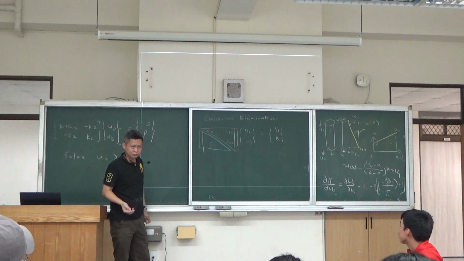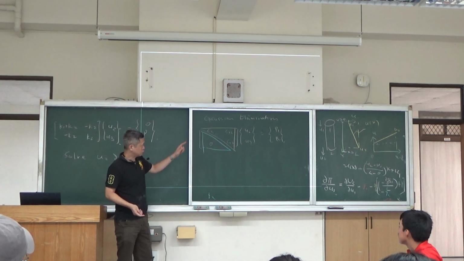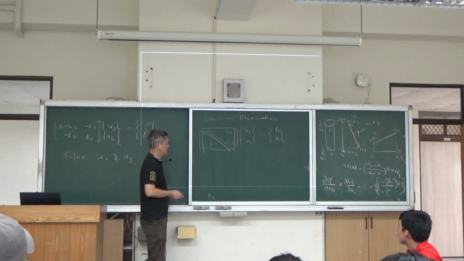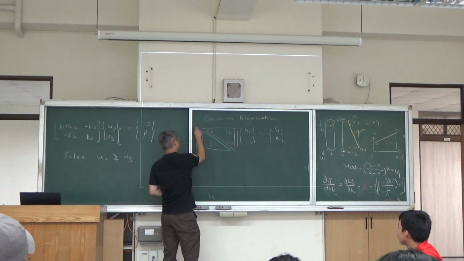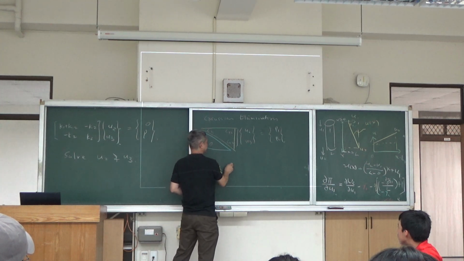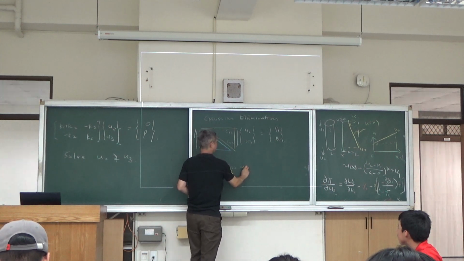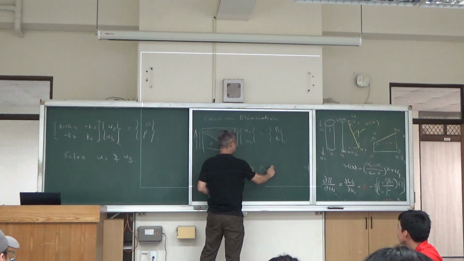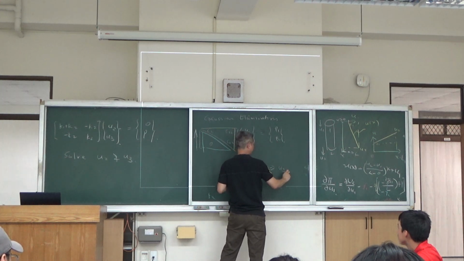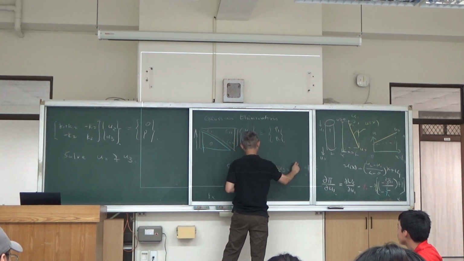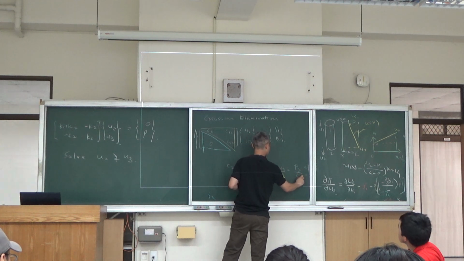Why is that important? If you manage to do it like this, you can start from the last row, C22 U3 is equal to P2. Then from the last equation, U3 is equal to P2 divided by C22.